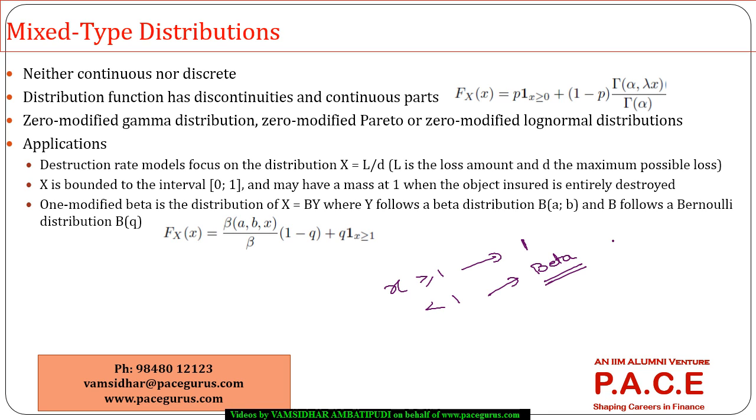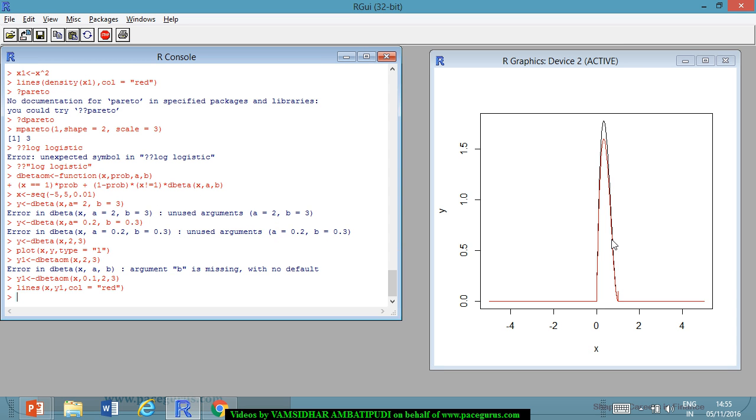The distribution function has a value of 1 itself from there onward. So the density function actually becomes 0 from that particular point onwards. So there is only 1 minus p probability that it follows a beta distribution, and after that it is going to become 0 all the way.